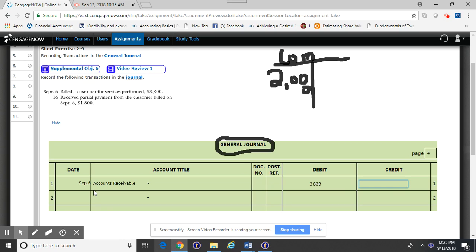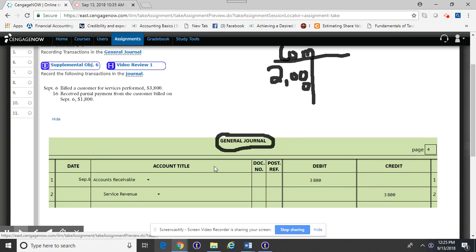So we billed a customer for services performed. So we have performed the services, so that's revenue. So our revenue has increased by $3,800. So this is going to go in on the account title as revenue. Our revenue increased by 3,800. What happens when you increase revenue? It's a credit. It goes on the right side.